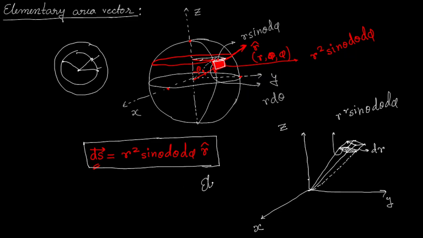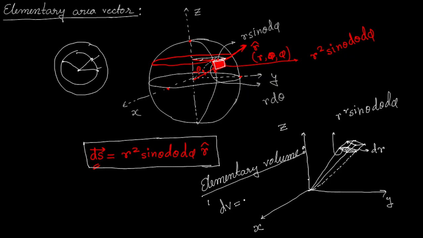So the elementary volume in the spherical polar coordinate system. And what will be that elementary volume? dV equals this base area into this height.